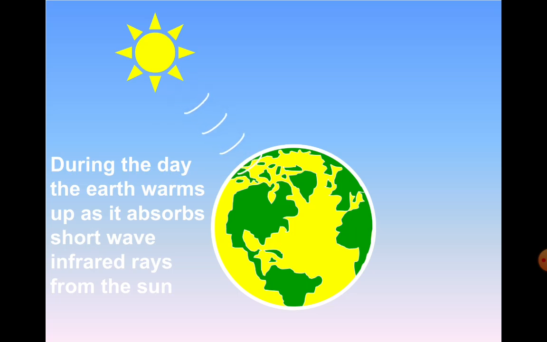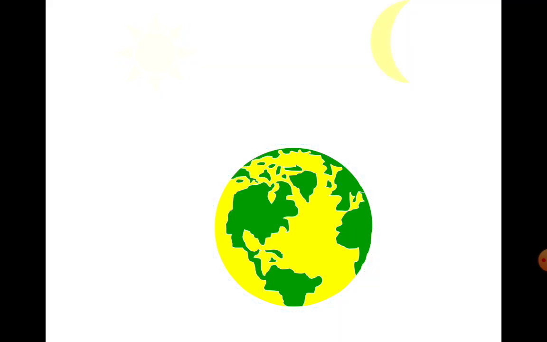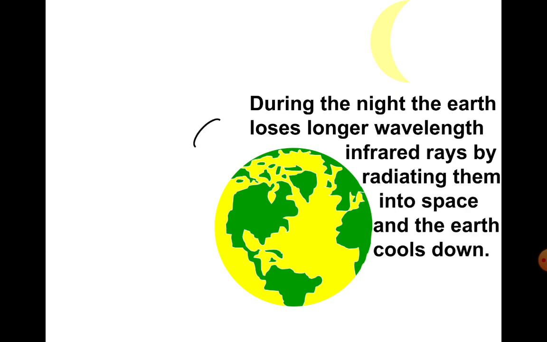They're coming from the sun during the day, and during the night the earth loses the longer wave infrared length by radiating them into space, and the earth cools down. So during the day, the Earth is absorbing the short wave infrared light rays. During the night, the Earth is losing longer wave length.